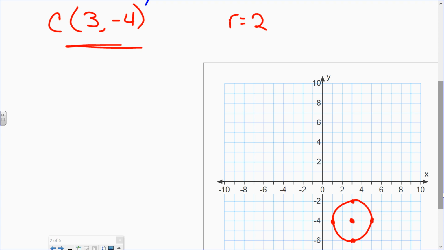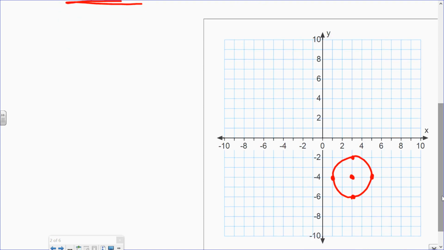If these other 4 points are all lattice points, I want to know their coordinates, either in the blank workspace or actually on the graph. So if this is 3, negative 4, if I go straight up and straight down, I'm still going across 3, so my x-coordinate is still 3. Instead of being at -4, if I am 2 above that, I am at -2. If the center is -4 and I'm 2 below that, I am at -6.